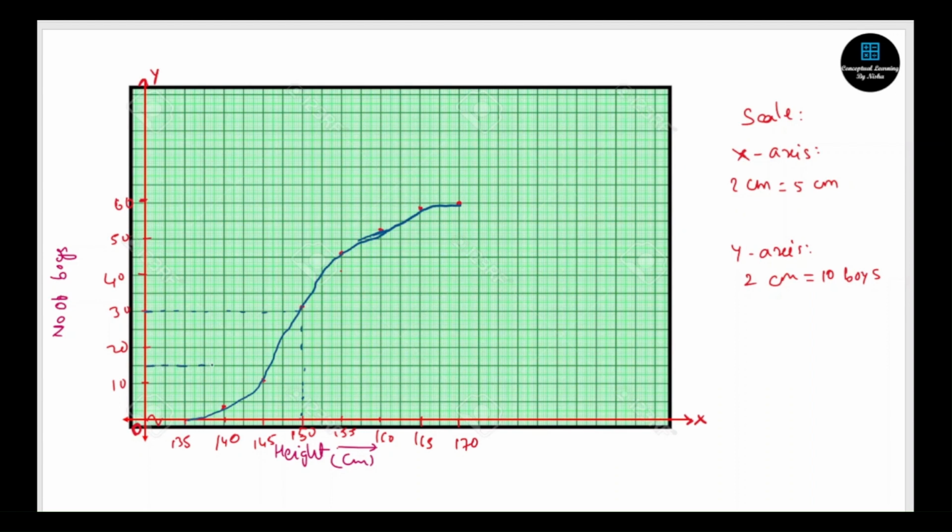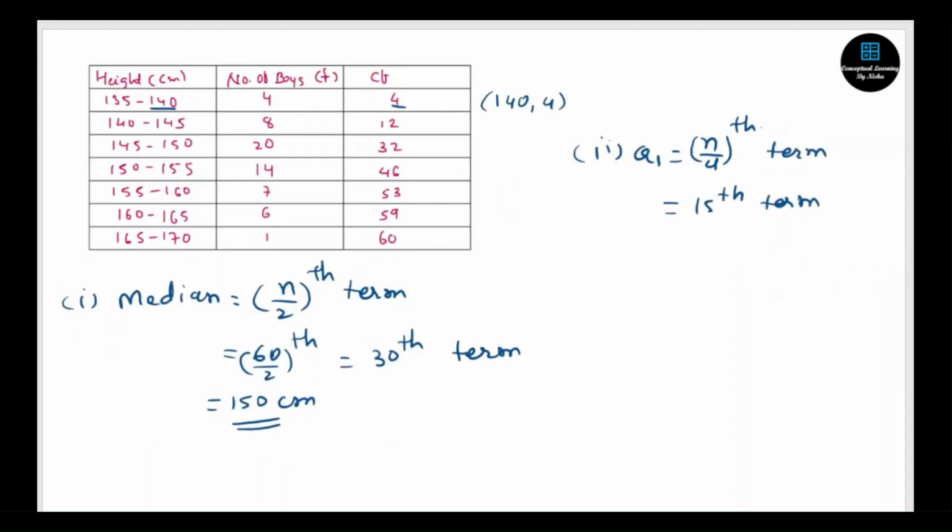If I go along with this and go down, this is my answer. So it is approximately 147, correct? So we'll get this as 147 centimeter. So that's the lower quartile.